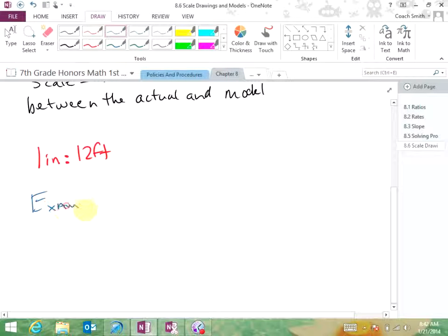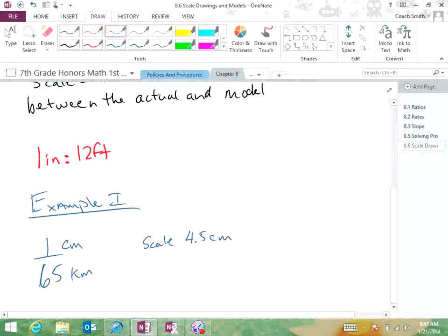I'll do some out of the book as well, but I want to start with this one. They said that our scale is 1 to 65, so 1 centimeter is 65 kilometers, and the scale distance was 4.5 centimeters. So they want to know how much actual distance that is.